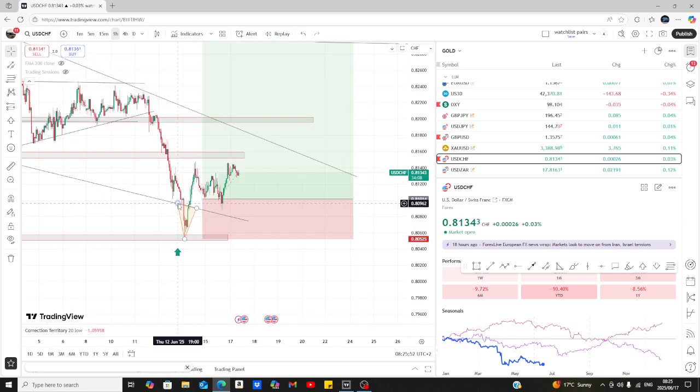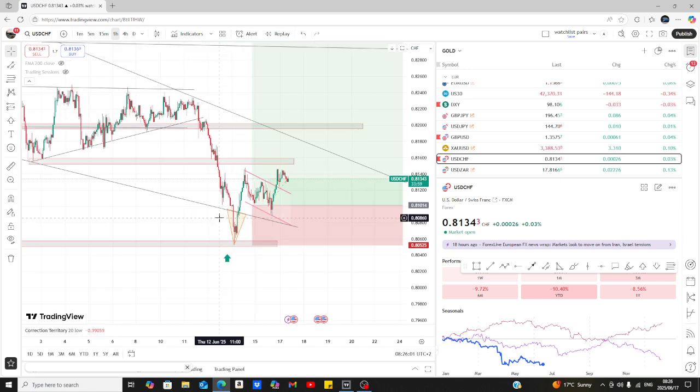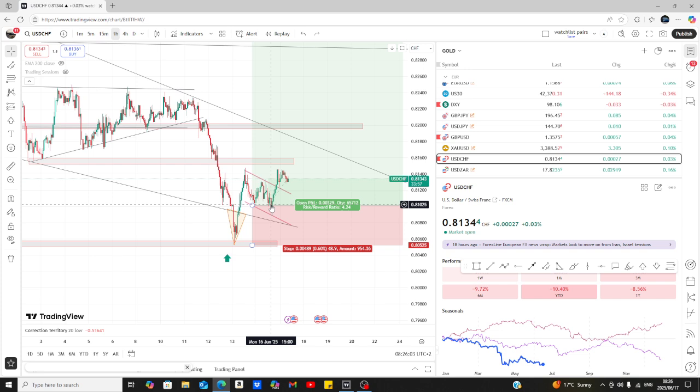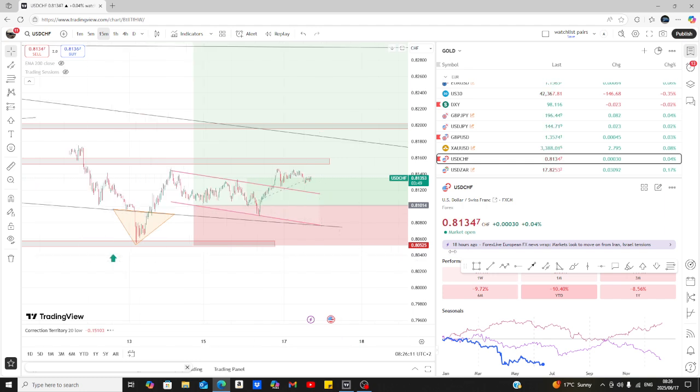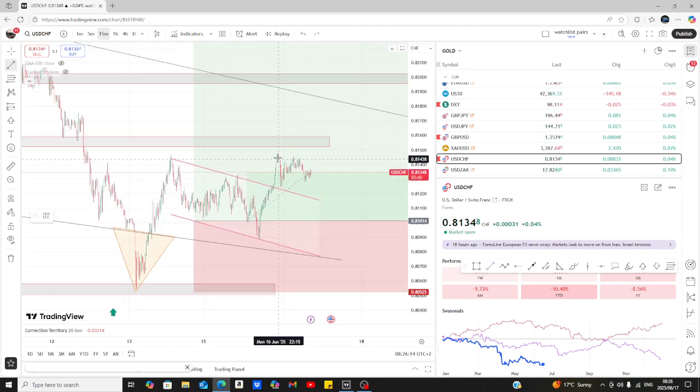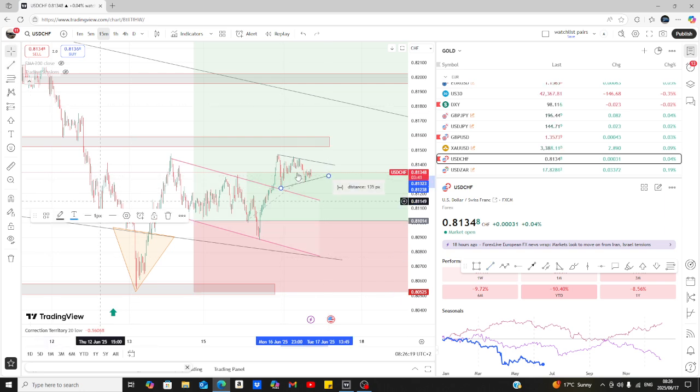As you can see, price broke down, touched the zone, broke back in, gave us a bullish descending channel setup, and I entered the trade right around here. Currently in profit. Price is now forming a lower time frame correction just outside the structure, which looks to be something like this. If you wanted to get in, this would be a potential entry right around the zone.